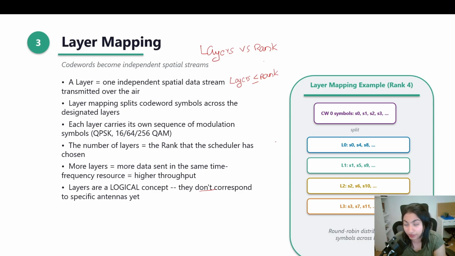I mean, we are speaking about a general case here. For mapping these code word symbols into layers, typically a round robin pattern is used, such that S0 and S4 would be mapped to layer 0, then S1 and S5 would be mapped to layer 1, and so on and so forth. So this is basically a round robin distribution.